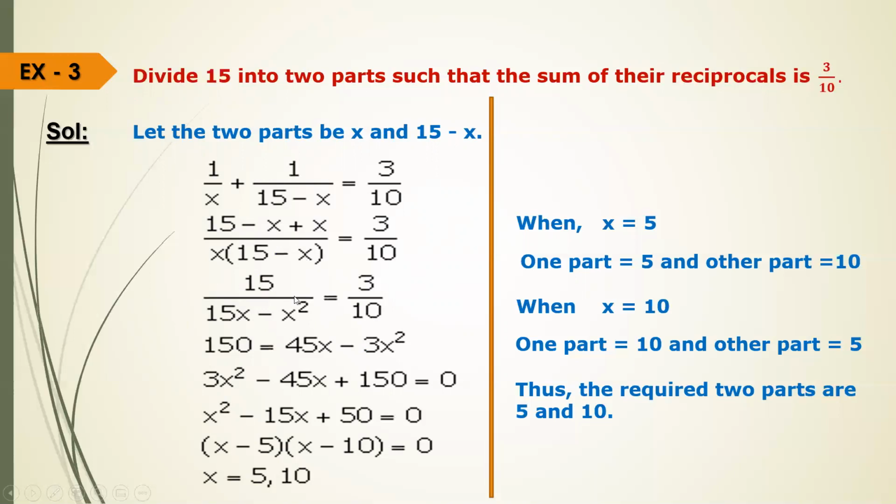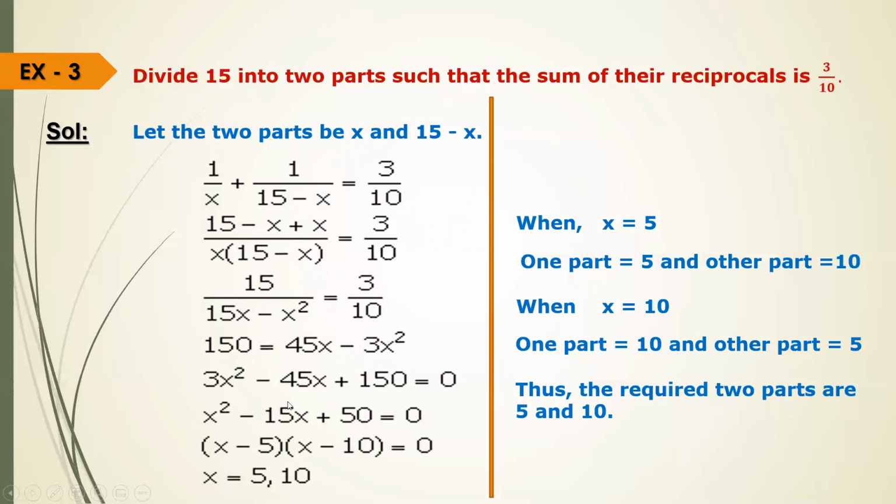Do the cross multiplication. 150 is equal to 45x minus 3x square. From this equation, we will take 3 common and transpose all the terms to the left side. The equation will be 3x square minus 45x plus 150 equal to 0, and after taking 3 common, what is left? x square minus 15x plus 50 equal to 0.